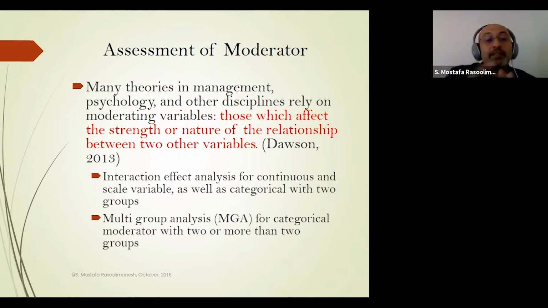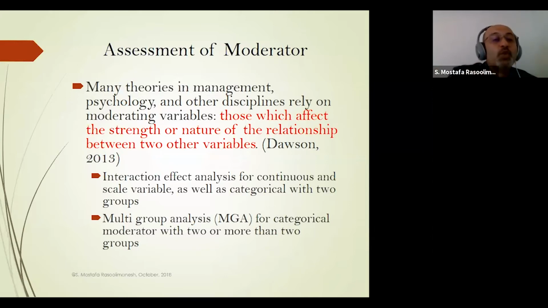It's not for all situations, but most of the time, when we have a categorical variable with two groups or more than two groups, it's better to apply multi-group analysis, the second approach.